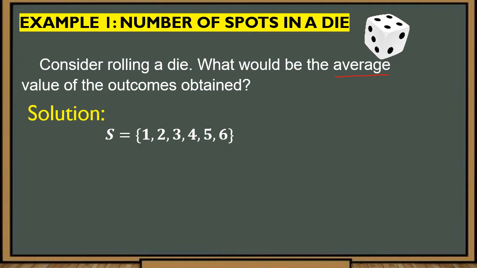here is our solution. First, you're going to determine the sample space. Of course, we already know that the possible outcomes when rolling a die are 1, 2, 3, 4, 5, 6. These are the number of spots that you might get when you roll a die.